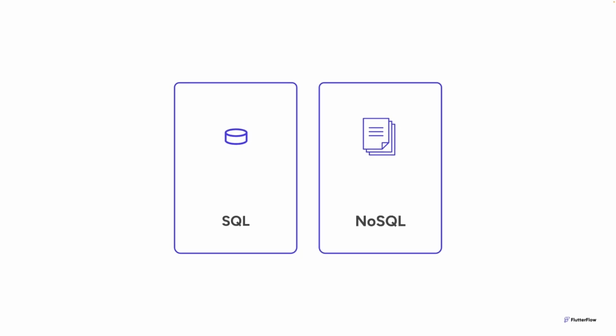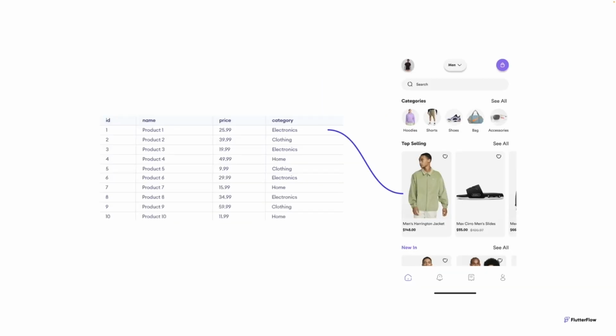First, let's talk about SQL. Consider an e-commerce app that needs to fetch product listings from a database to show to users. SQL queries can be used behind the scenes to retrieve all products or specific categories based on the user's request.